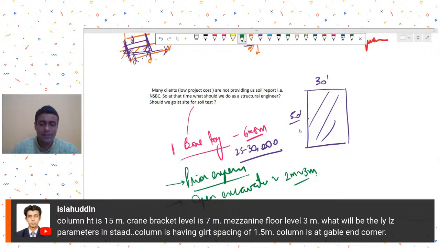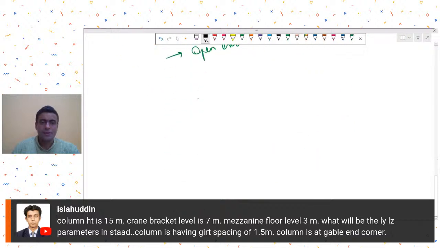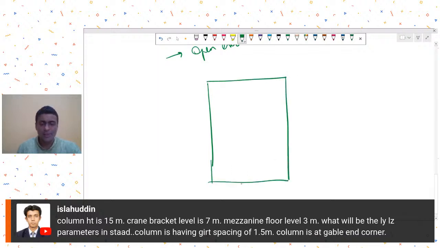So I am assuming that this is your situation. In such cases, you should try and share some supporting images also. So I'm assuming this is my plan. You're talking about this gable corner column. And I'm assuming right now that column has orientation like this.